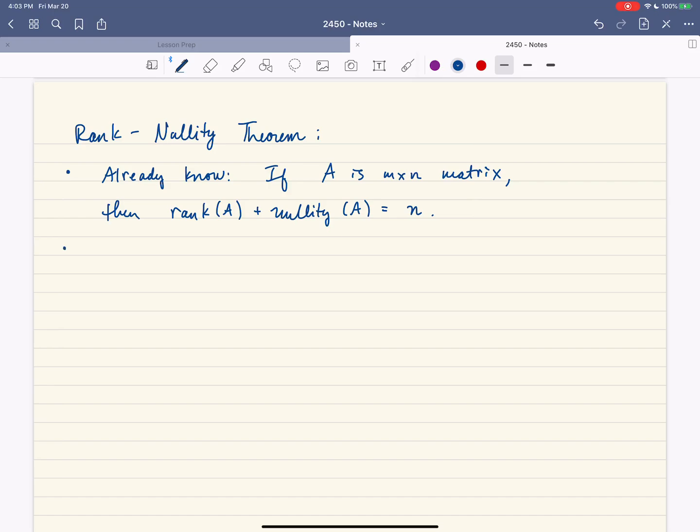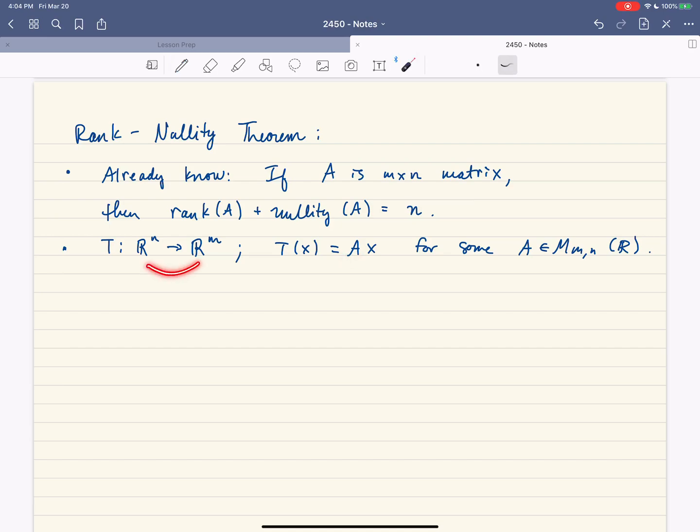And it turns out that that's actually a special case of the rank nullity theorem applied to the linear operator T, where T of x is Ax for some A that's an m by n matrix. Okay, so we know that m by n matrices are exactly the matrices that are going to map Rn to Rm.